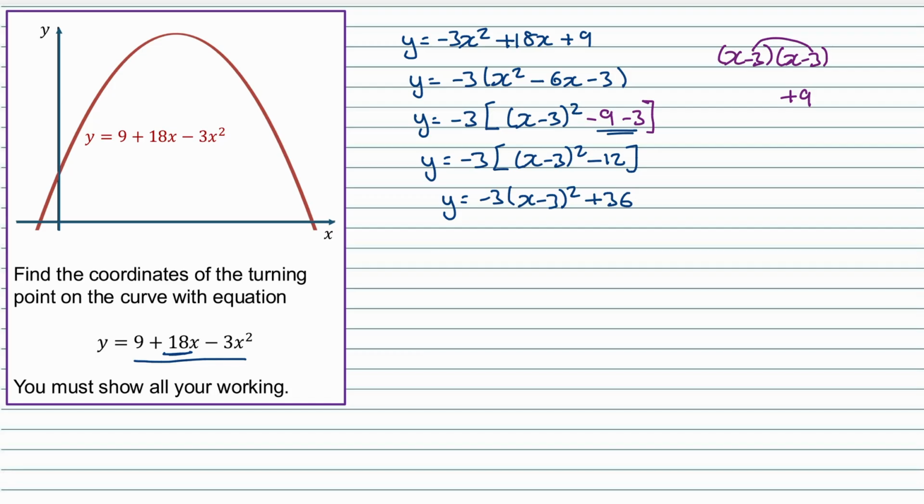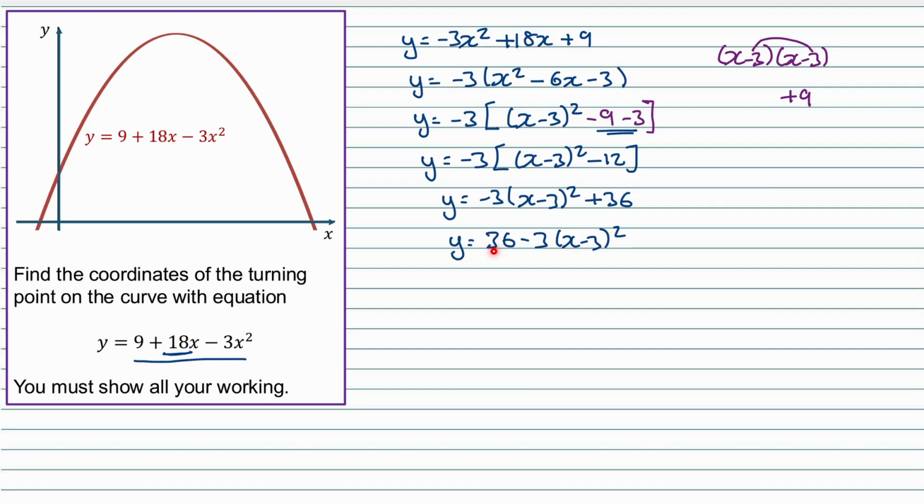Now just to make this a bit clearer, I'm going to write a positive term first. So y will equal 36 minus 3 lots of x minus 3 squared. So the reason why I've written it in this form is because we want to work out the maximum point here. And what do you think the maximum value of y could possibly be?